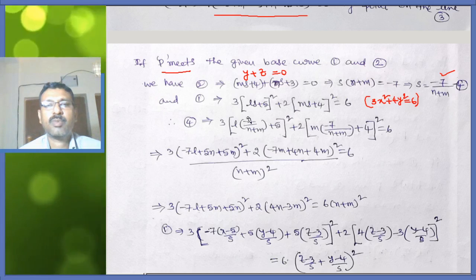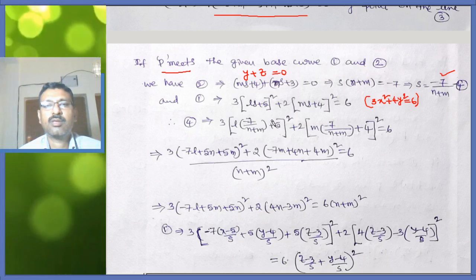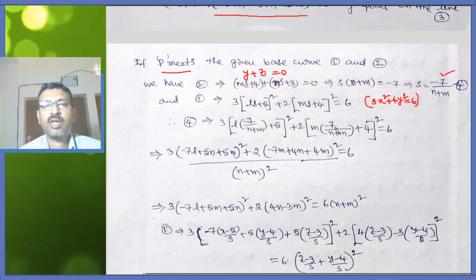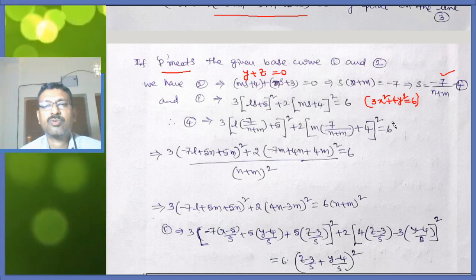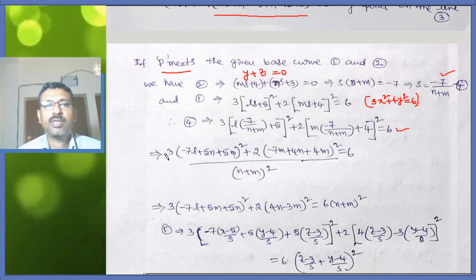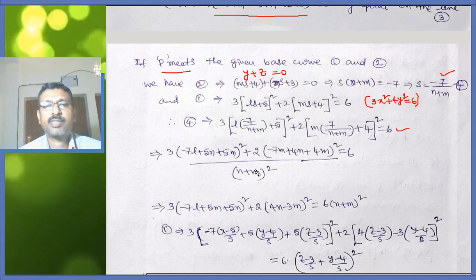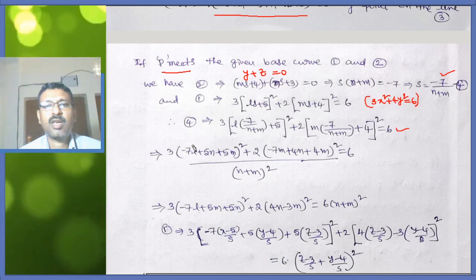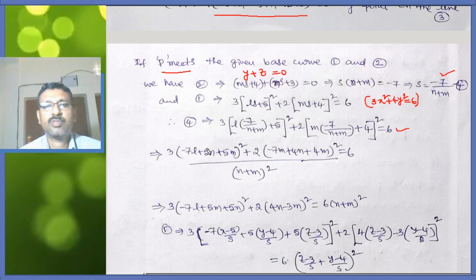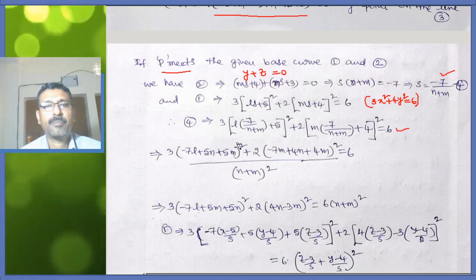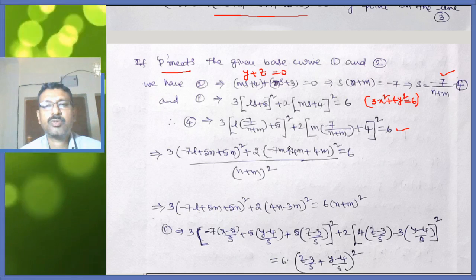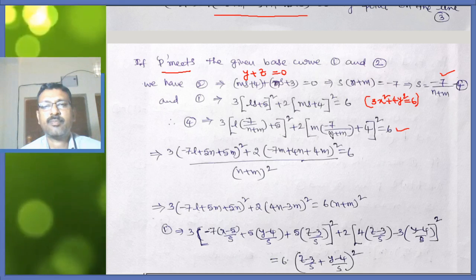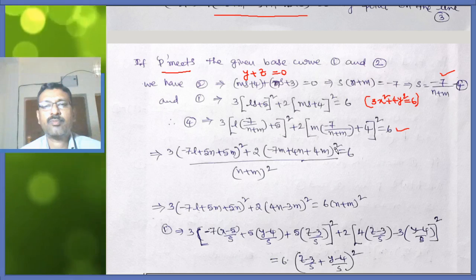So 3 into L into minus 7 by m plus n plus 5 whole square plus 2 into m into minus 7 by n plus m plus 4 whole square equal to 6. Taking n plus m as common, 3 into minus 7L plus 5 into n plus m, that is 5n plus 5m, whole square, plus 2 into minus 7m plus 4 into n plus m, that is 4n plus 4m, whole square equal to 6.